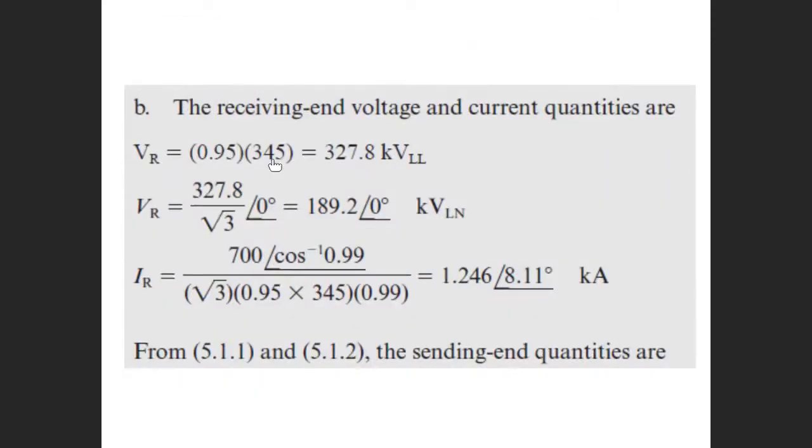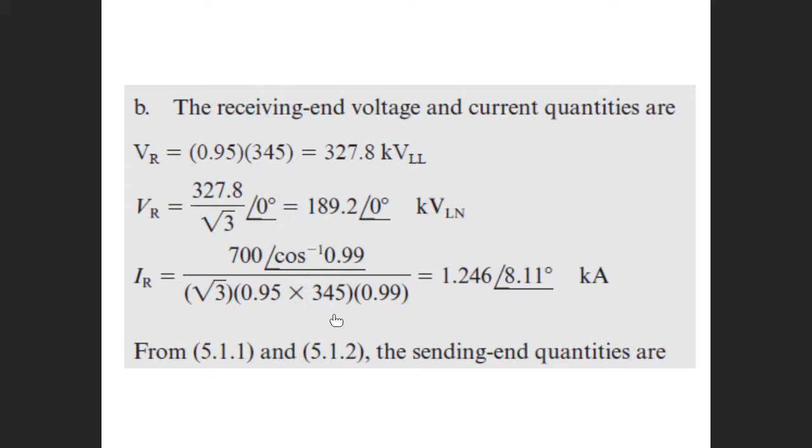After you find the ABCD parameters, this becomes just chapter 2 again, to find the receiving end voltage. The receiving end current comes from the power over the voltage and power factor. This 0.95, as we explained in the last lecture, is because the load was operating at 95% of its rated load.